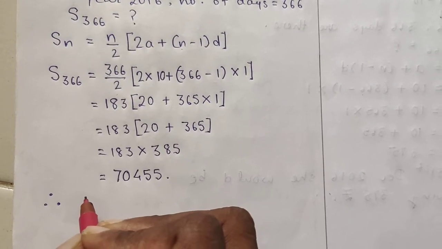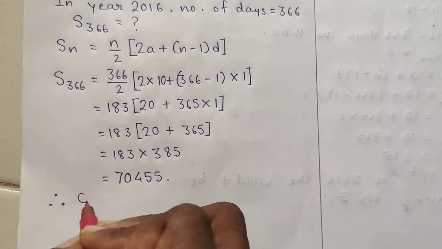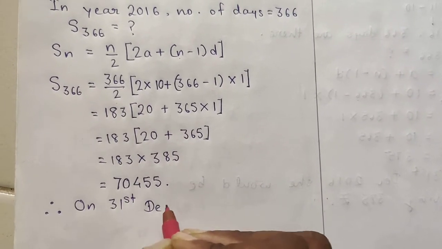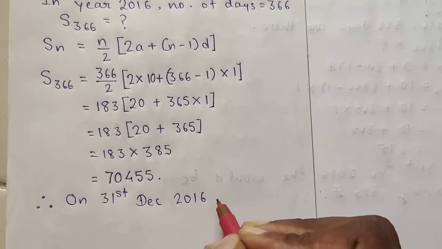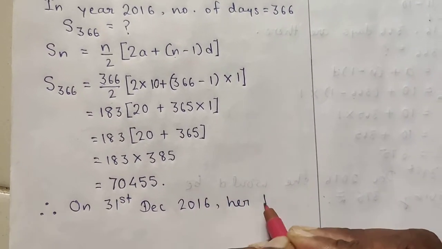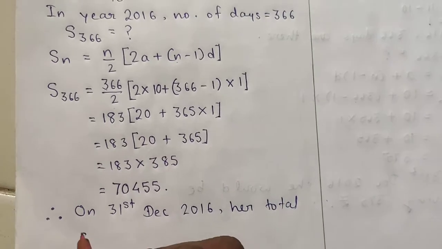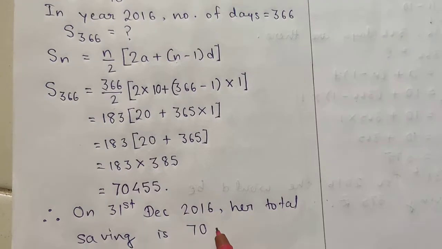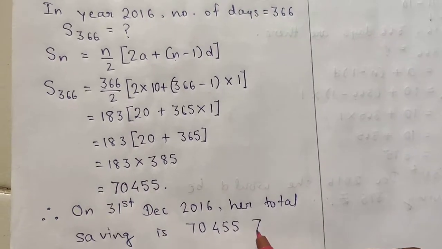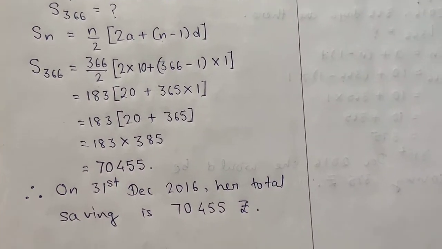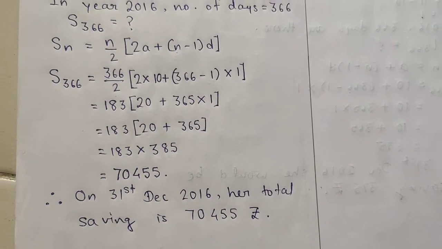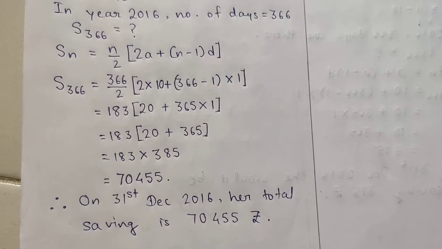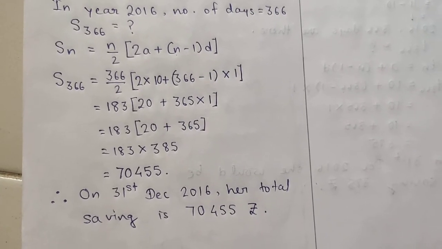That is, on 31st December 2016, her total saving is 70,455 rupees. Okay, so on 31st December she is having 70,455 rupees. In this way we have completed our first question.